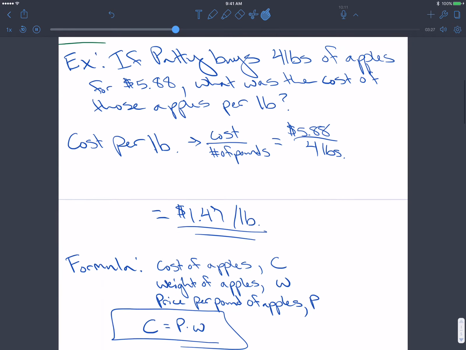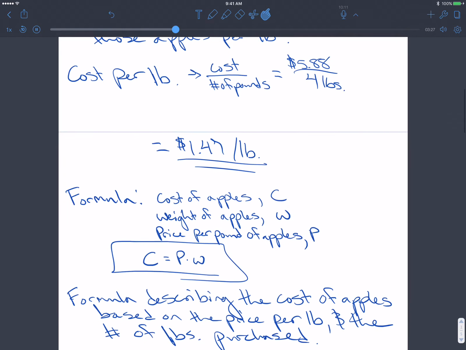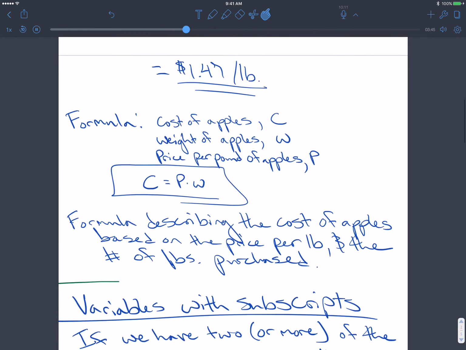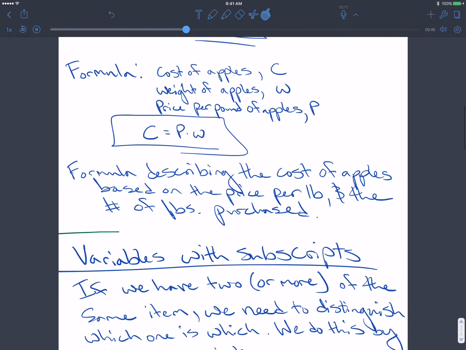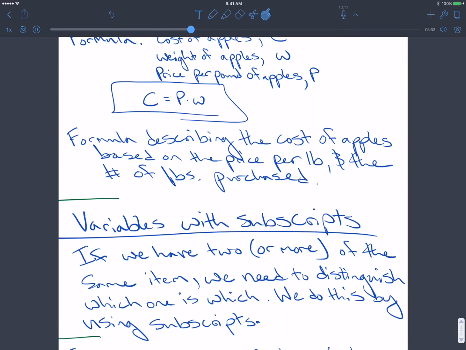The next concept here is when you have variables with subscripts, which is only going to happen if you have the same thing multiple times. So what I said here is if we have 2 or more of the same item, we need to distinguish which one is which.